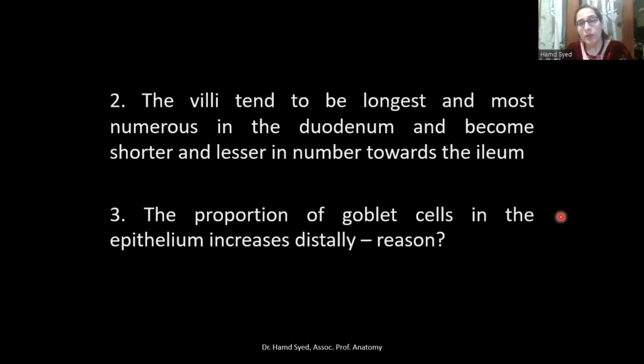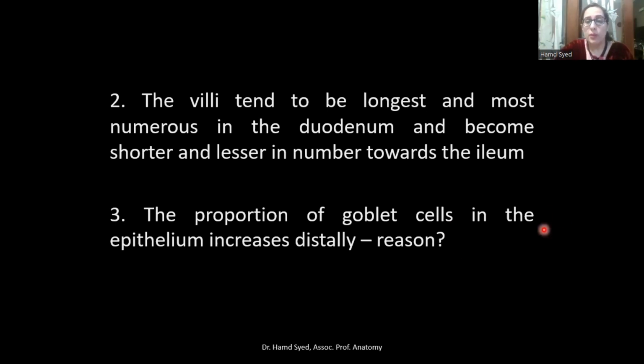So why do you think the number of goblet cells increases distally as we go towards the ileum? Because as you know, the water absorption is going to increase as we move distally towards the ileum. In the initial portion of small intestine, the nutrients are primarily going to be absorbed. And as we move distally, the fecal contents are going to be harder and they can impact within the lumen of the small intestine.